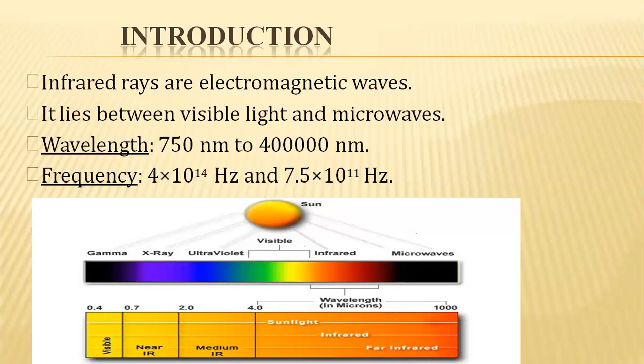And coming to the point of this frequency, or we generally call them the properties of the infrared rays. So how are they generated? From where are infrared rays obtained?